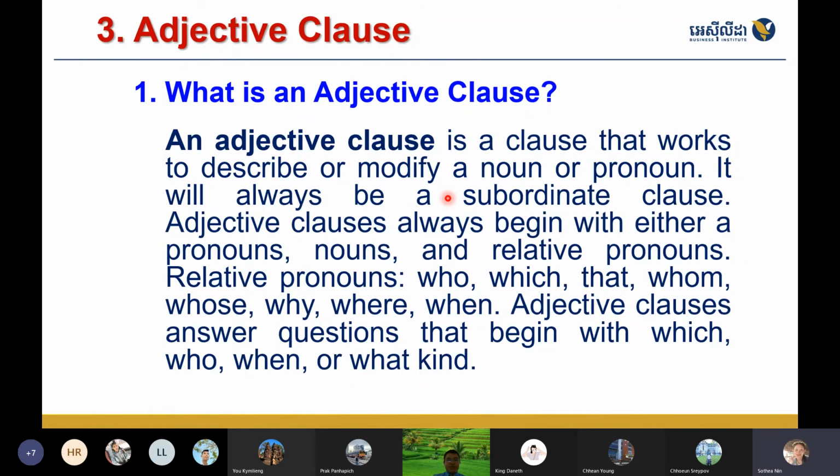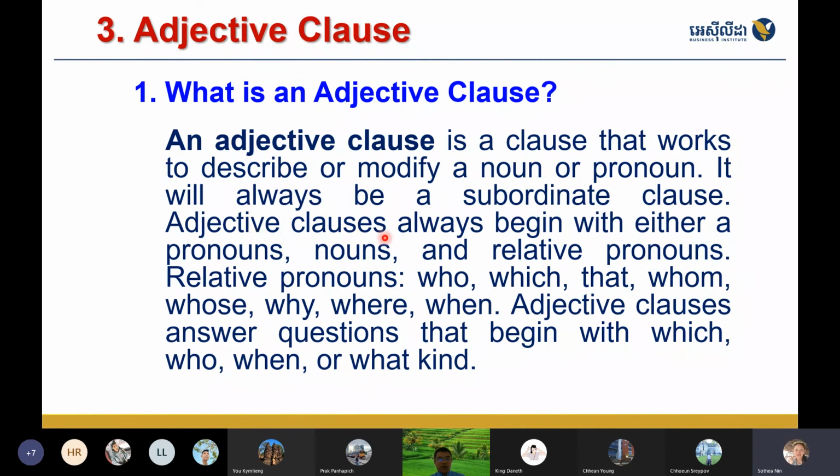Adjective clause. 1. What is an adjective clause? An adjective clause is a clause that describes or modifies a noun or pronoun. It will always be a subordinate clause.